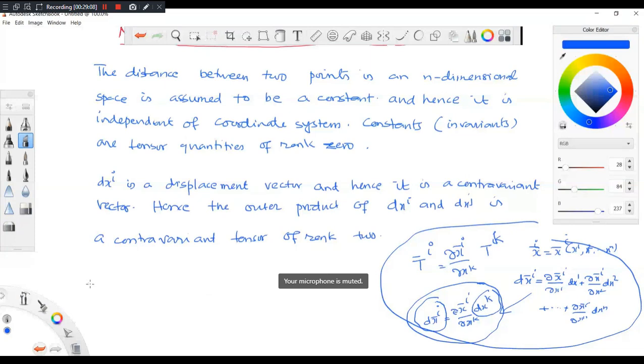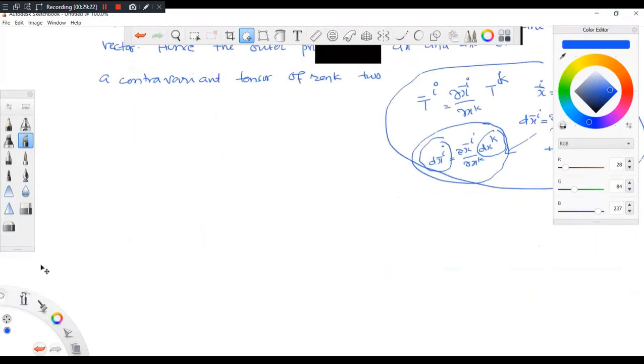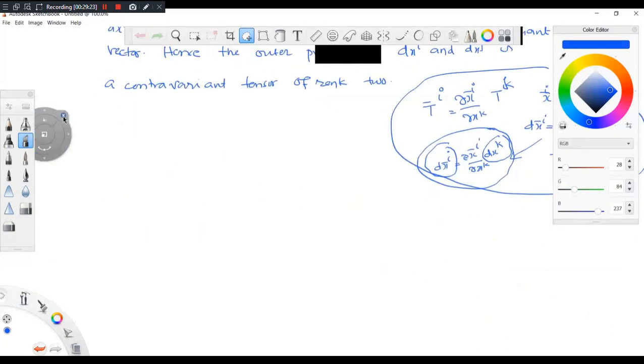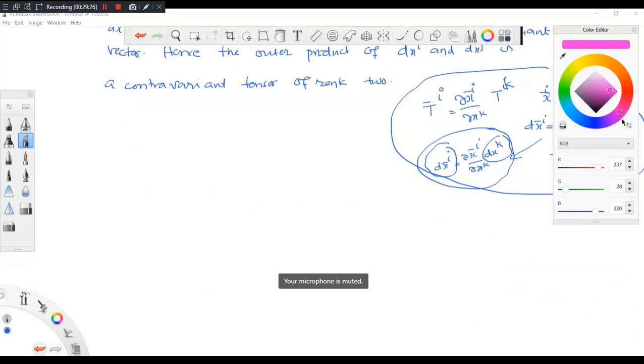Hence, now what can you say? Everything you can understand by using the things which you already studied. See, let us take this. What is my equation 1? ds squared is equal to gij dxi dxj.